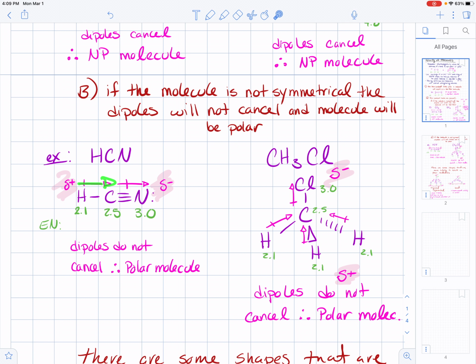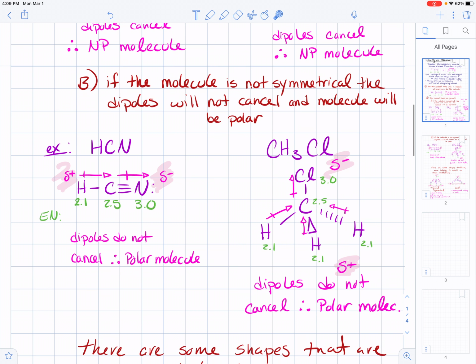Well, if both of these are going to the right, there's nothing canceling it out, so this ends up being polar. And again, the direction that the arrows are pointing in is the direction that gets the partial negative charge, and the other side of your molecule, which would be this side over here, ends up with the partial positive. So because the dipoles do not cancel, this ends up being a polar molecule.